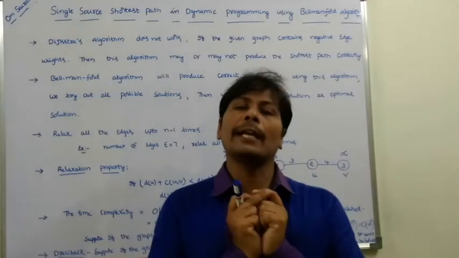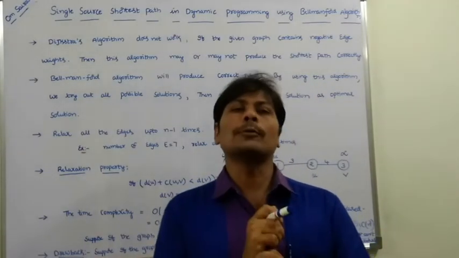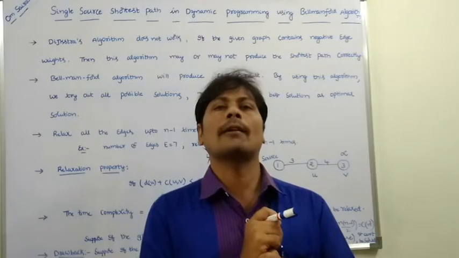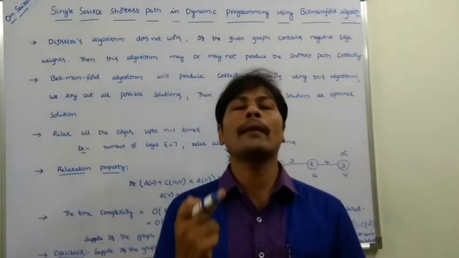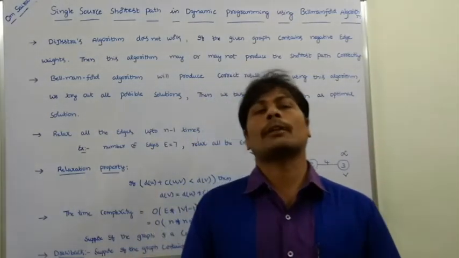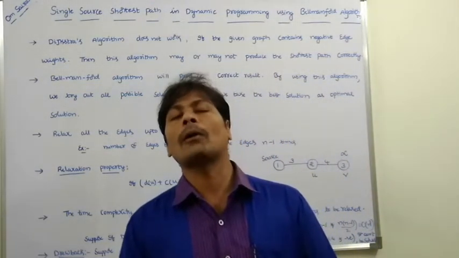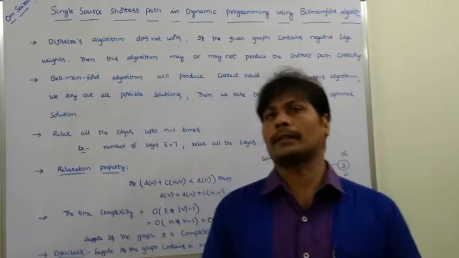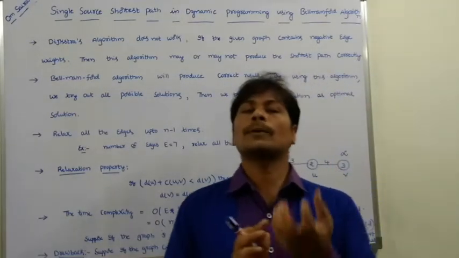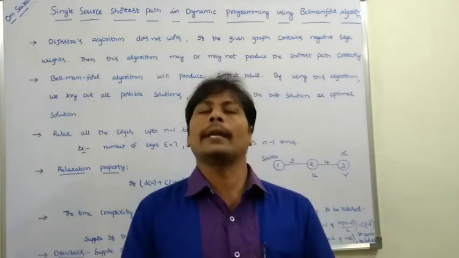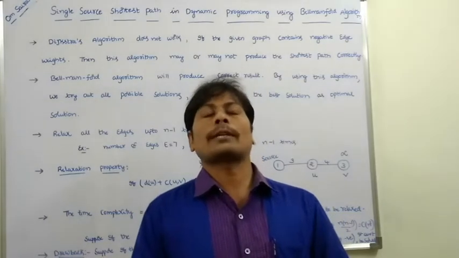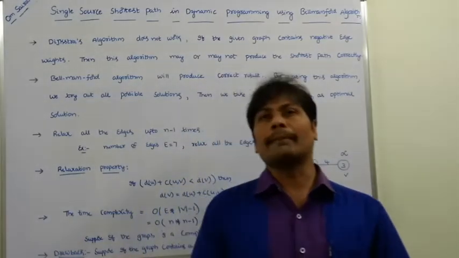If the edge weights are negative, Dijkstra's algorithm may or may not produce the shortest path from the source vertex to the remaining vertices. This is the main drawback of the single source shortest path problem in the greedy method.